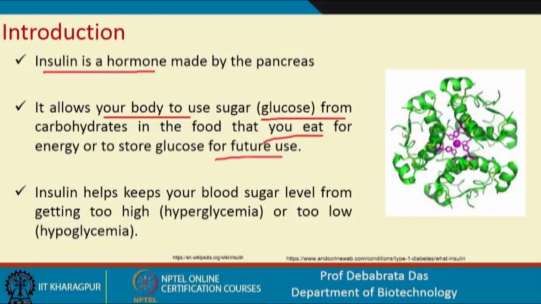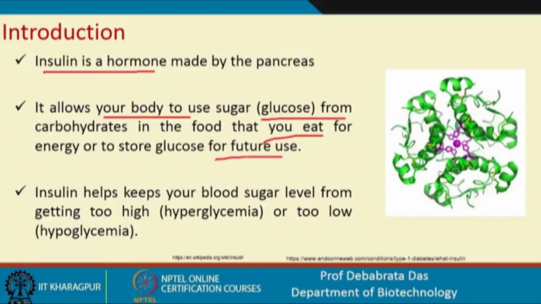Insulin helps keep the blood sugar level from getting too high. If the blood sugar level is too high, we call it hyperglycemia, or too low we call it hypoglycemia.